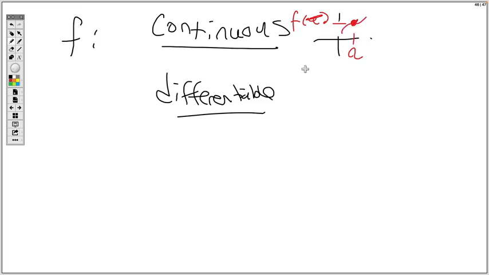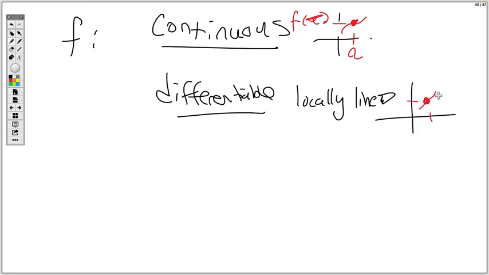You just come in there like that. Differentiable means locally linear. And so that means when you zoom in far enough on the graph, it looks like a line, you follow?